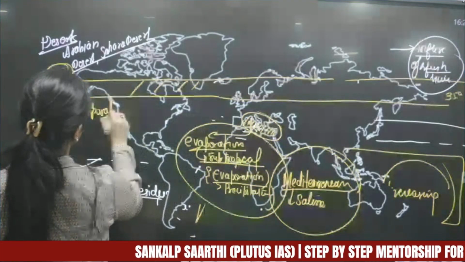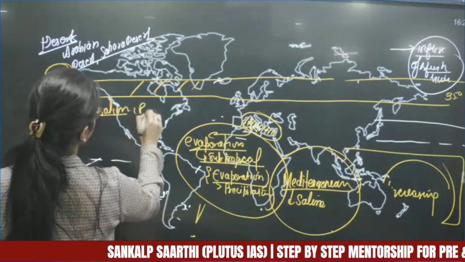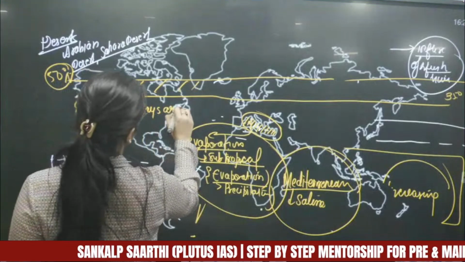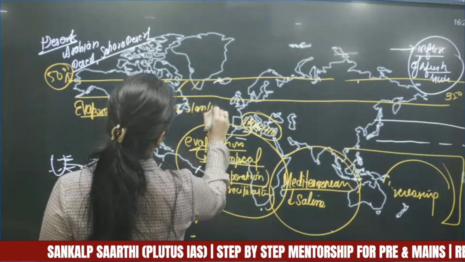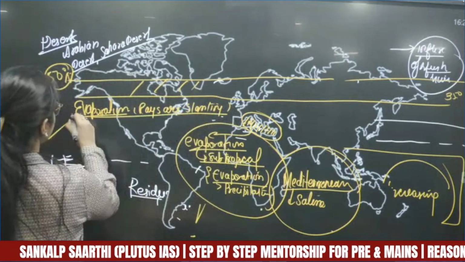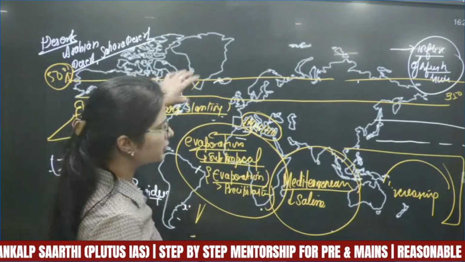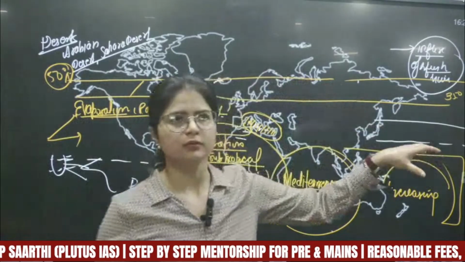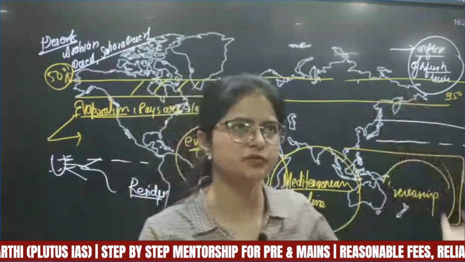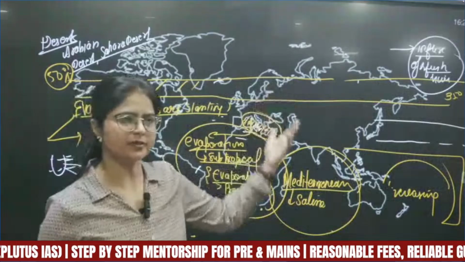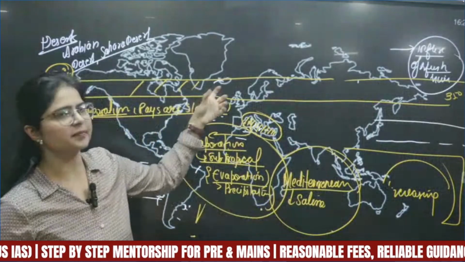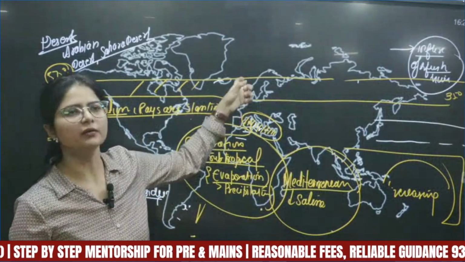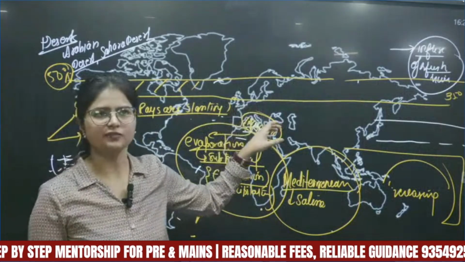Why? Because rays coming over here are slanting. Since rays are slanting, what would happen? The evaporation will be less and precipitation will be more. As compared to evaporation, precipitation will be more. Therefore, since the precipitation is dominating over here, there would be less of salinity.